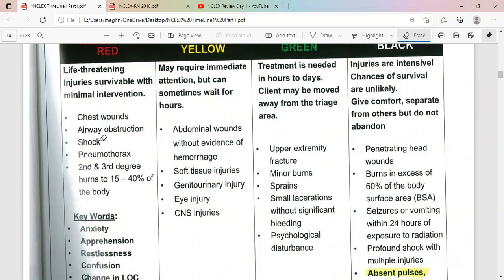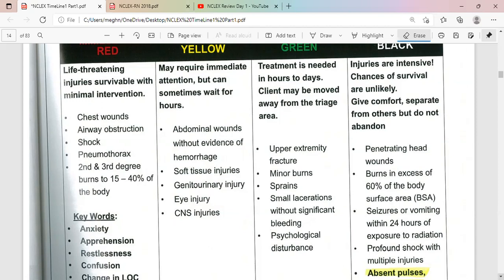Shock leads to death, and needs fluid replacement. Pneumothorax, second or third degree burns, 15 to 40% body burn. If you give them Ringer's solution, your patient survives. But if the burn is more than 60% in disaster, whatever you give, it is difficult to survive.